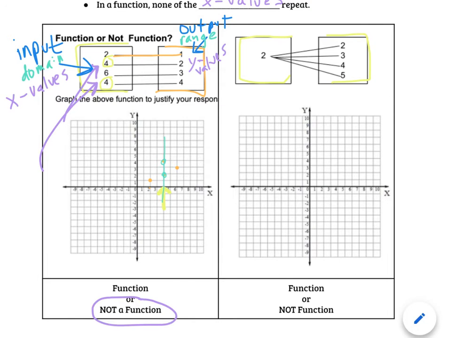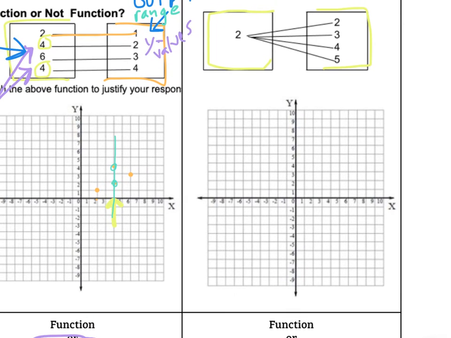Let's see what this looks like on the graph. If I go over 2 and up 2, I have a point right here. And then over 2, up 3, is right here, and over 2 and up 4 is up here, a little bit crooked there, and over 2 up 5. So, oh my.